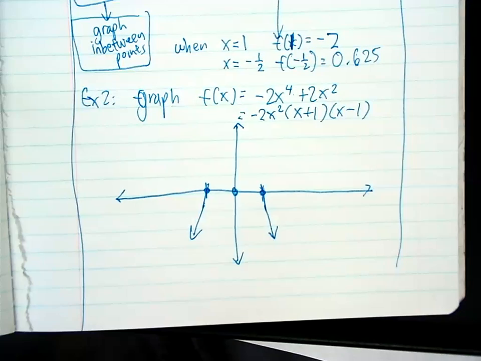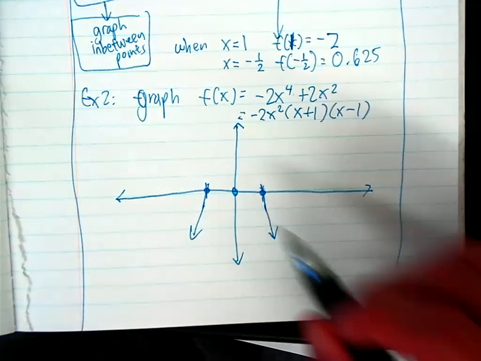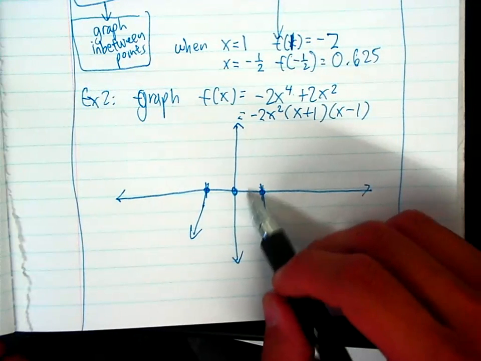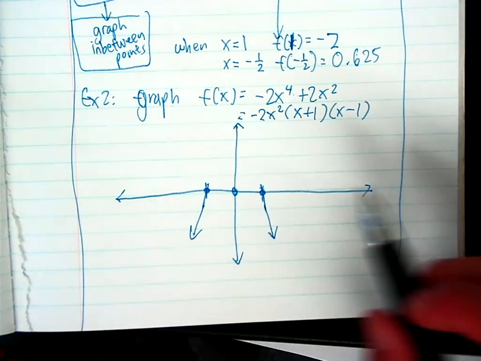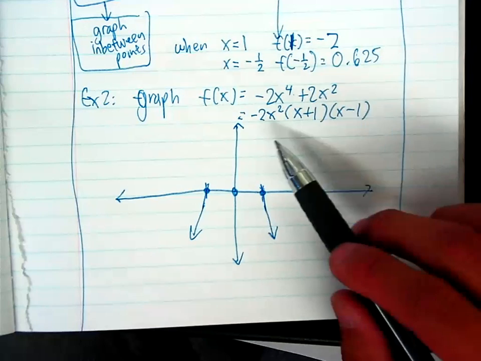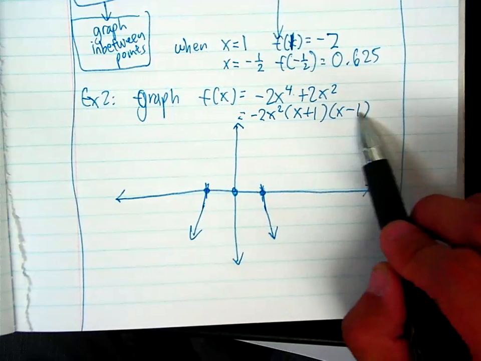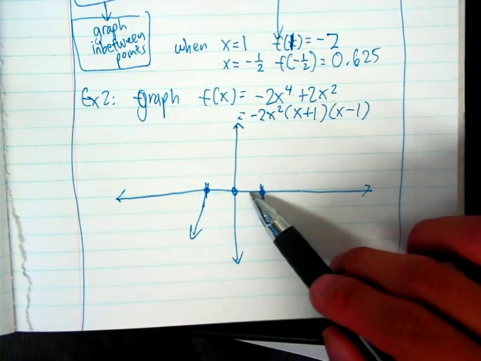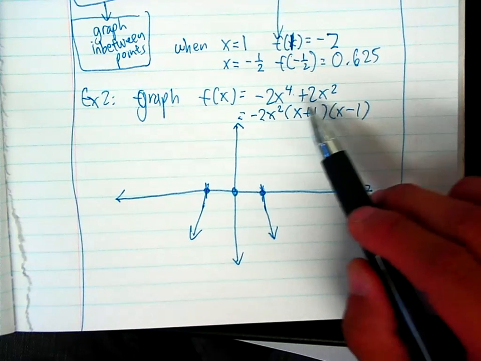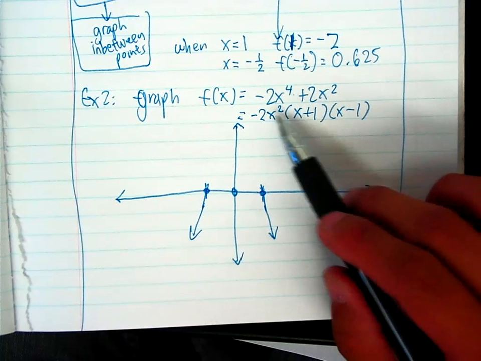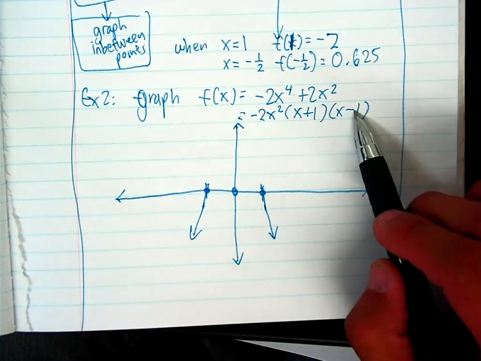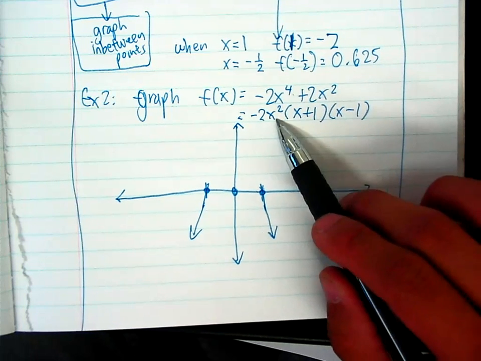And then the only other thing I would have to graph is I probably have to graph in between. So I'd probably graph 0.5 and negative 0.5. So if I graph 0.5, I'm going to just kind of do it in my head right here. So if I plug in 0.5, this will be negative 0.5 times 1.5 times, so it'll be negative times positive times a negative.